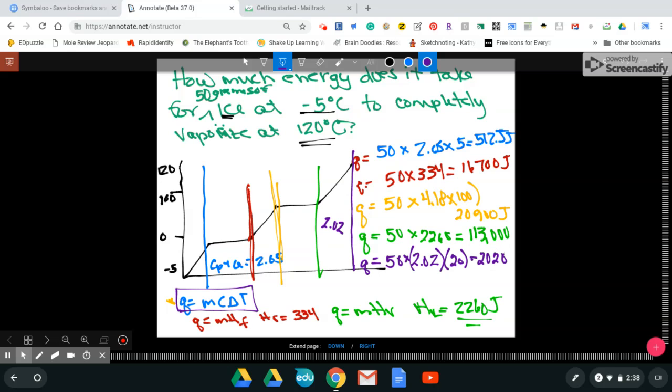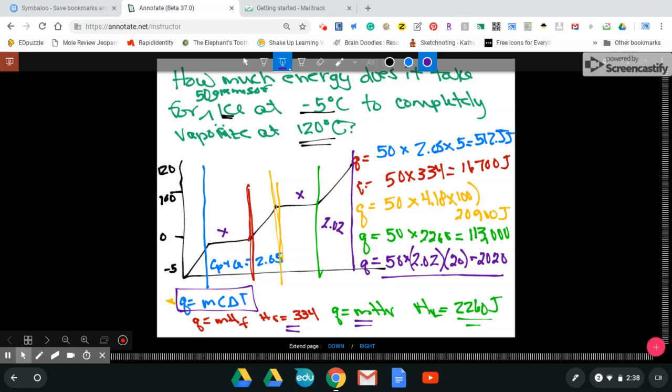So why can't I just put in a temperature change of -5 to 120? Because you've got all these areas here where energy is still being consumed in order to go into the next phase. There's just not a temperature change. So you've got to have a value, and that's what these are. Now, the last thing that you have to do is simply add up all of these values.